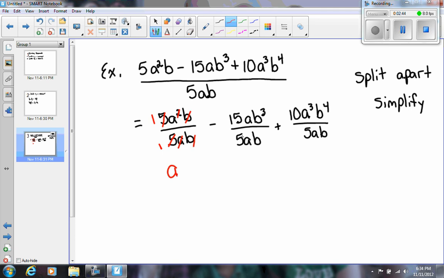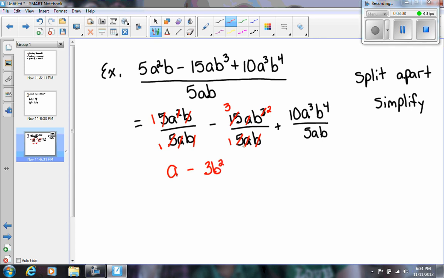Then for the next part, the 5 goes into 5 once, 5 goes into 15 3 times, so I'm just reducing that fraction. The a's will reduce to 1. This b will cancel with one of those and leaves b squared in the numerator. So I'll have minus 3b squared.